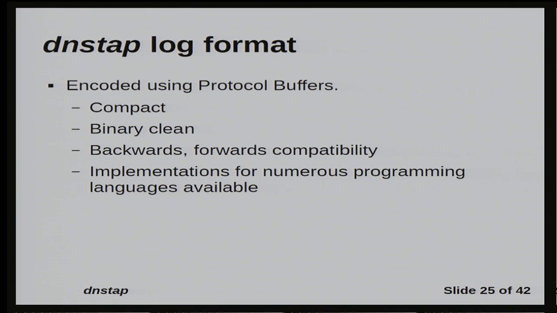It allows binary clean fields to be encoded, so we can put the DNS messages verbatim into a protocol buffer message, and it's got explicit support for backwards and forwards compatibility, so we can add new types of dnstap logging events without requiring upgrades to all the deployed software.